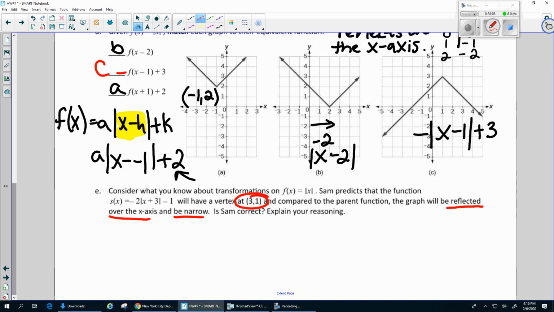Well, if I'm adding 3 to x, I know my graph shifts to the left 3 units. If I'm subtracting 1 from the parent function, my graph is going to shift down 1 unit. So my vertex actually is at negative 3, negative 1.